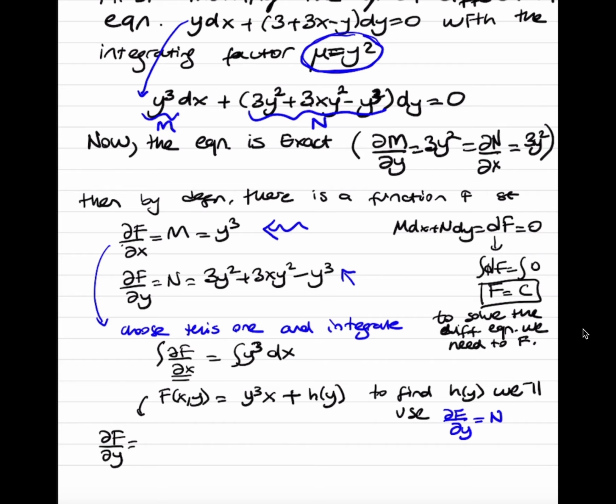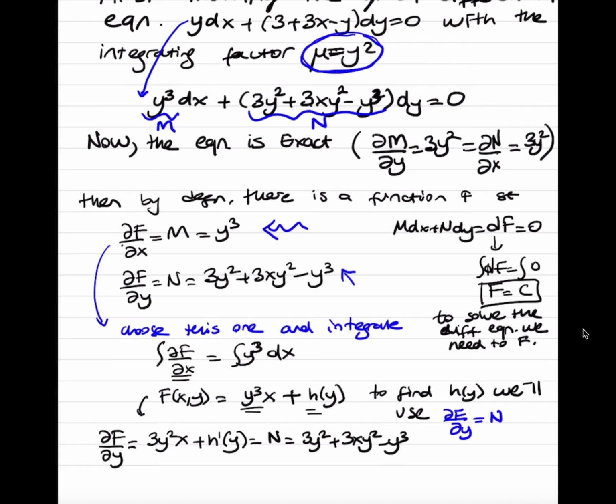So we know this is equal to n. Let's take it from here. It is 3y square x plus h prime of y. So this must be equal to n, which is equal to 3y square plus 3xy square minus y cube.